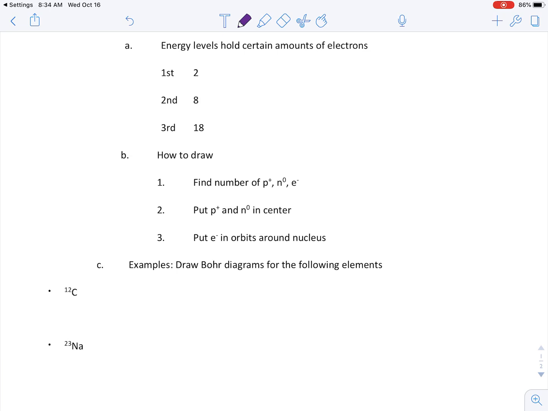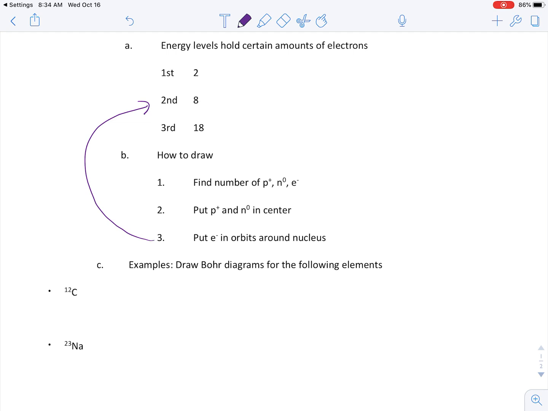The first thing that we do is we find protons, neutrons, and electrons. This is just like that nuclide symbol that we did last unit. So we can find protons, neutrons, and electrons using our mass number or our atomic mass from there. We'll put our protons and neutrons in the center, which is our nucleus. And then we'll put our electrons in orbits around the nucleus based on these energy levels.